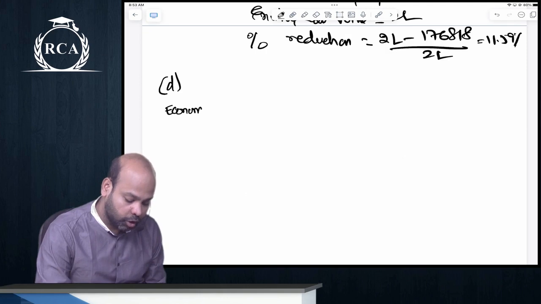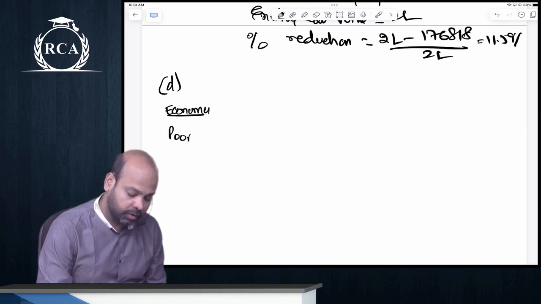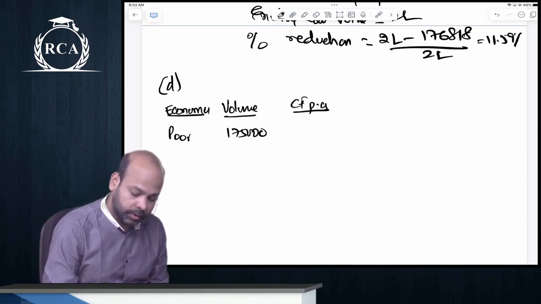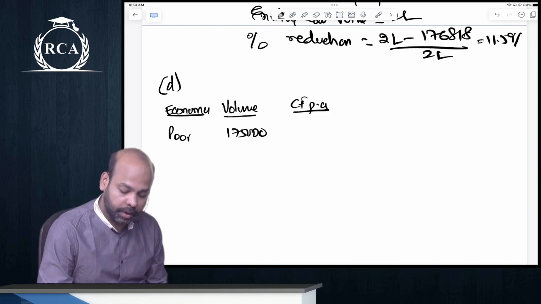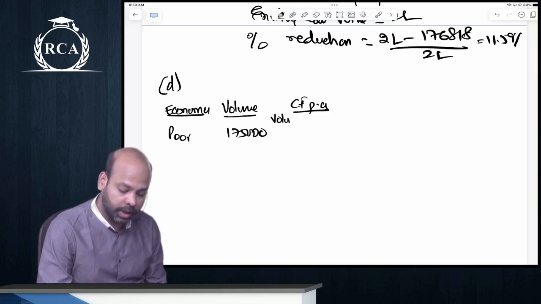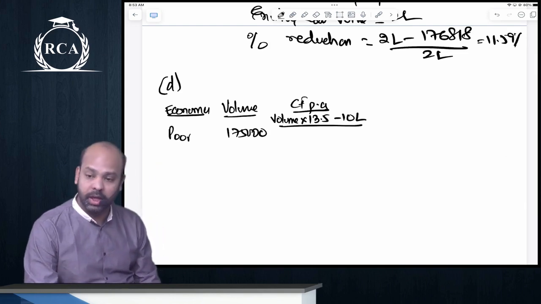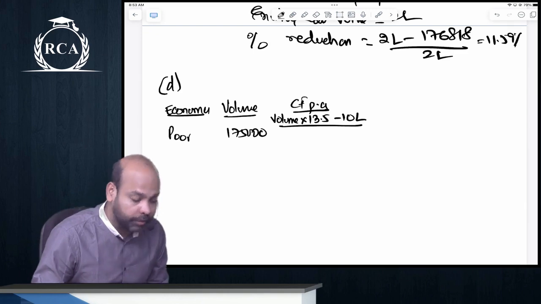If the state of the economy as such, guys, is poor, your sales volume beta will be 1,75,000 units. What will be your cash flow per annum beta? It will be whatever is your volume multiplied by contribution per unit, 13.5, minus 10 lakhs. So 1,75,000 units into 13.5 minus 10 lakhs.